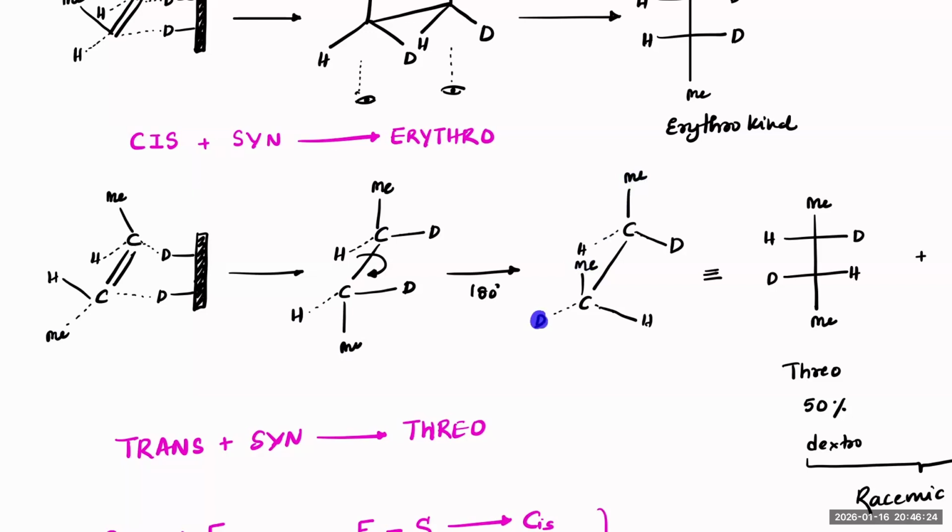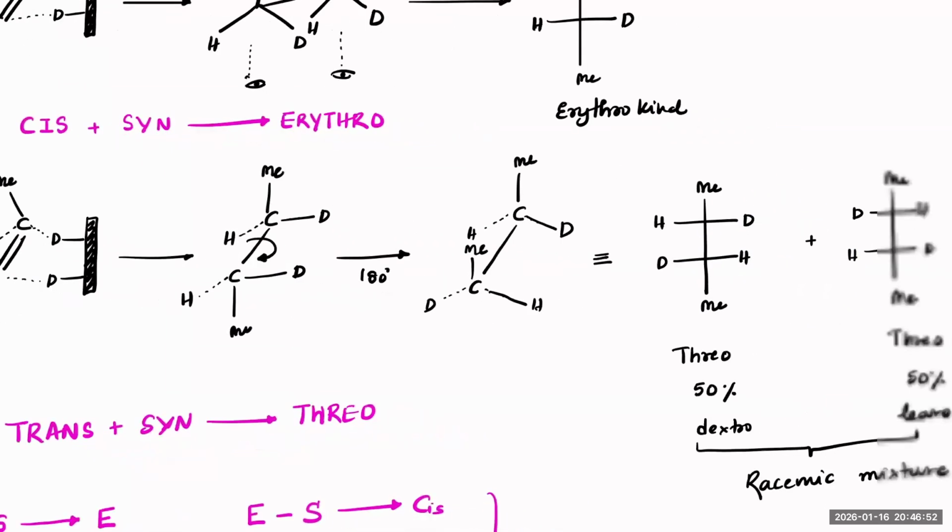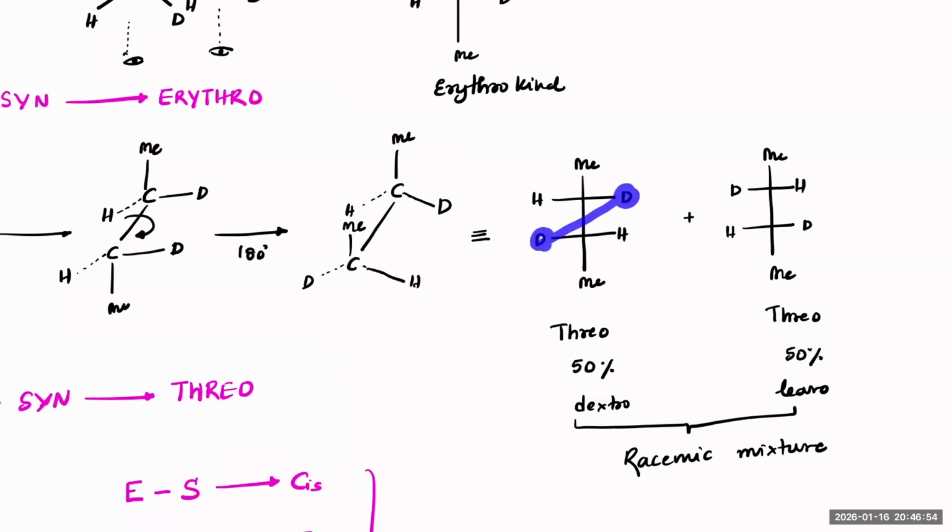But because you rotate it, now deuterium, deuterium appears on the opposite direction in the Fischer projection. That does not mean there is an opposite addition. It is still a syn addition. But while representing the Fischer projection, where I have to represent both the methyls above and below the vertical line, in that sense, you will see deuterium and deuterium will be on the opposite direction. Got it? So both these deuteriums are opposite in direction. Here also deuteriums are opposite in direction.